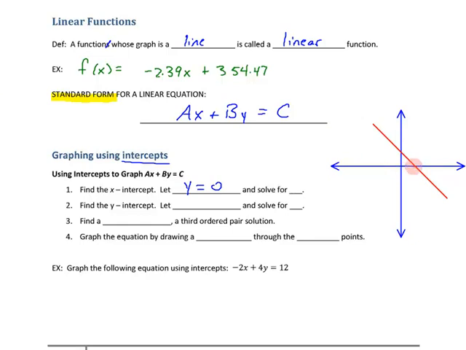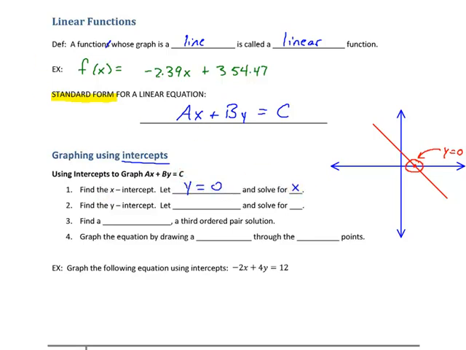What is its x-intercept right there? Notice that has a height of y equals 0, right? Where it crosses the x-axis has a height of 0 because that's its up-down value. It is at that axis. So to find the x-intercept, we let y equal 0 and solve for x.